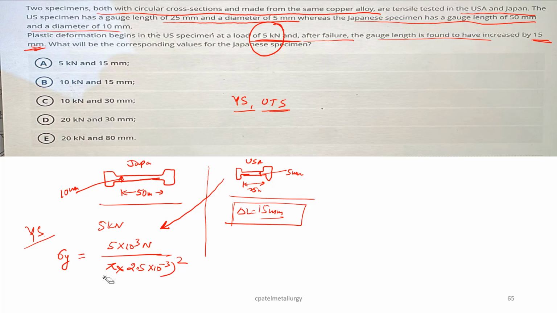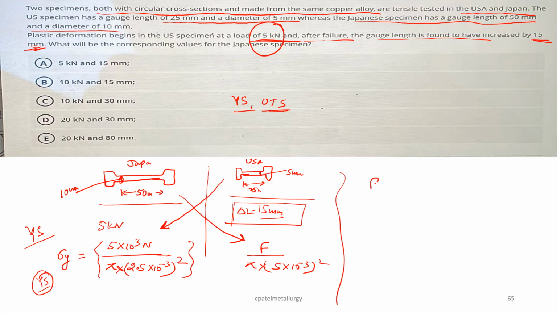Here it is pi r square, so this will give us the YS. Since the YS is the same, for the Japanese specimen also the YS will be the same. Since the diameter is different, it will take some other load which we don't know, so we write it as F divided by the area, which is pi into 5 into 10 power minus 3, whole square. These two will be equal.